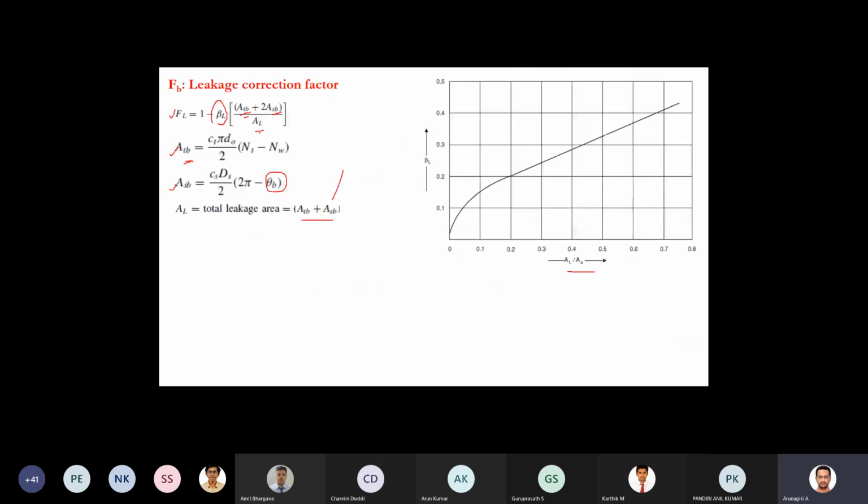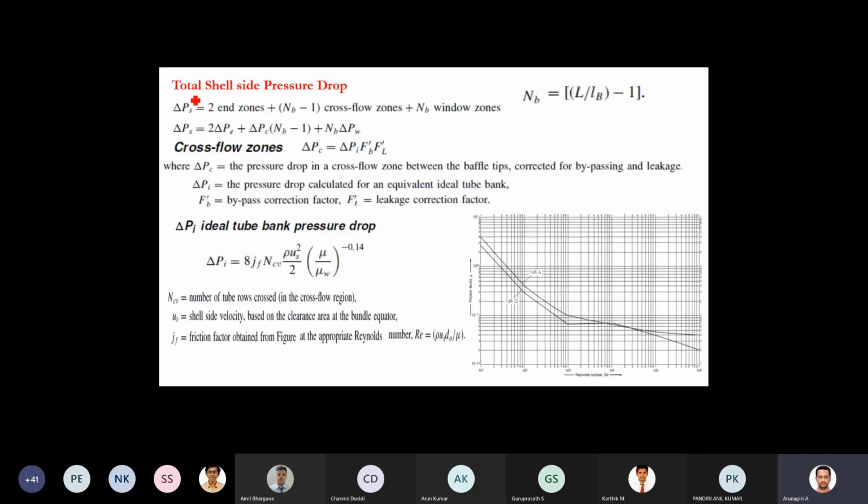Okay, so next is how to estimate the total shell side pressure drop. As I said earlier, the total pressure drop is to be calculated zone wise. Here we have two end zones and NB window zones. NB is nothing but the number of baffles, which can be calculated as the length of the tube divided by baffle spacing minus 1. Cross flow zones are normally NB minus 1.